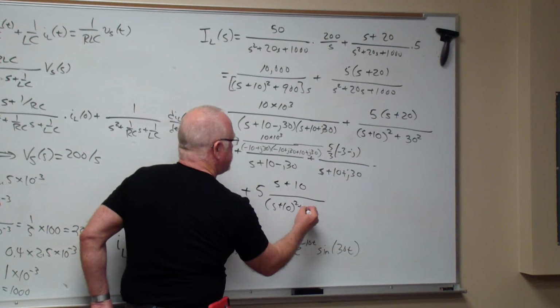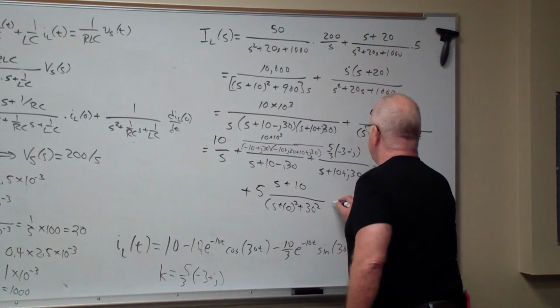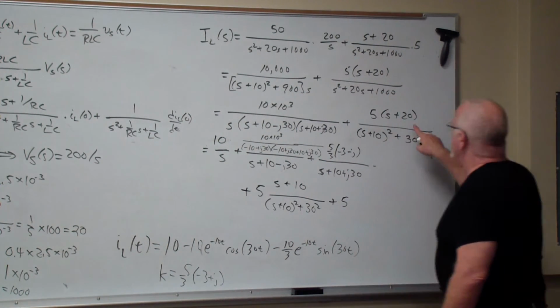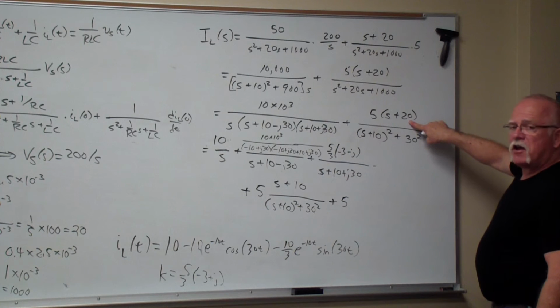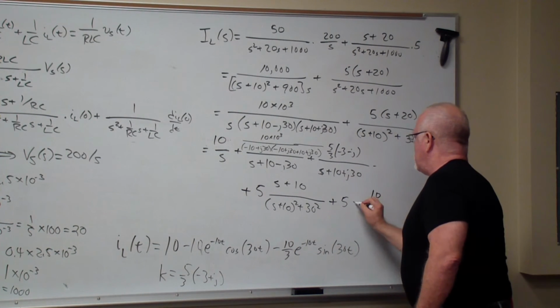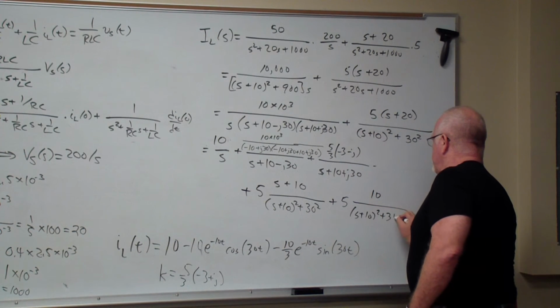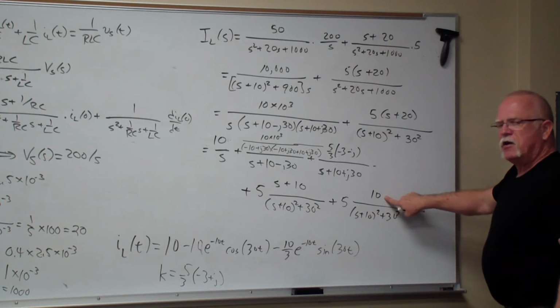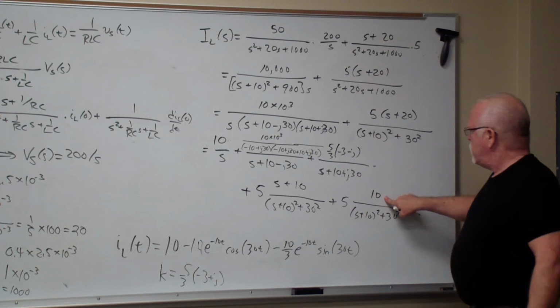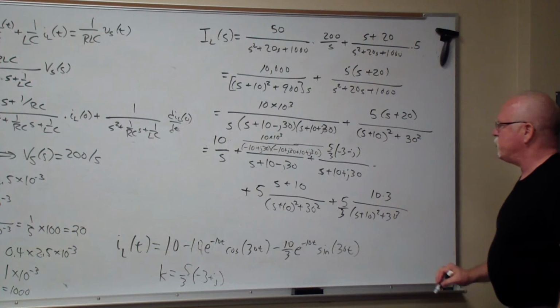The denominator stays the same. So there's our 5 times s plus 10, and now we've got our sine term, and we took 10 out of this 20, so we've got 10 left. So we've got 10 over (s plus 10) squared plus 30 squared, but we want that to be a 30. So, okay, we divide by 3, we multiply by 3, so now we've got a 30.